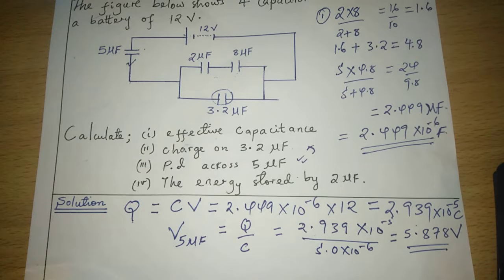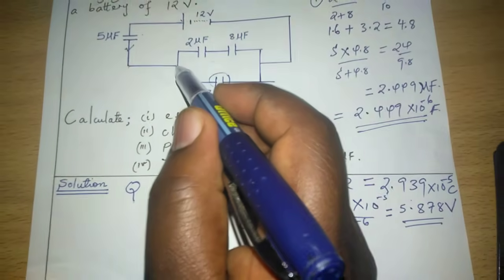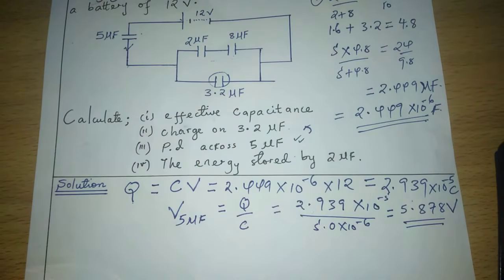Now, after getting the voltage there, we can have the voltage which proceeds here, and from the total of 12, we can subtract 5.878 to give us 6.122.